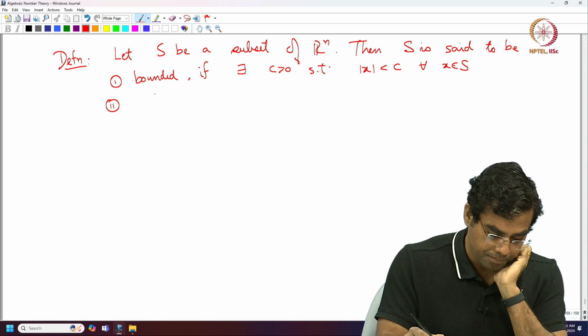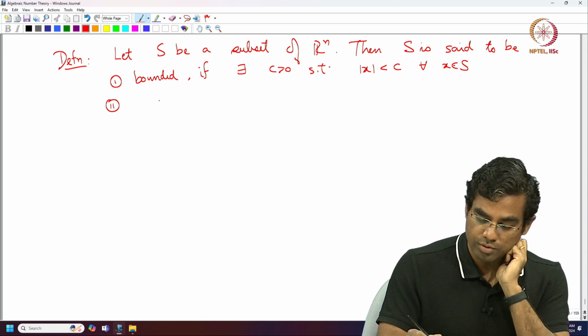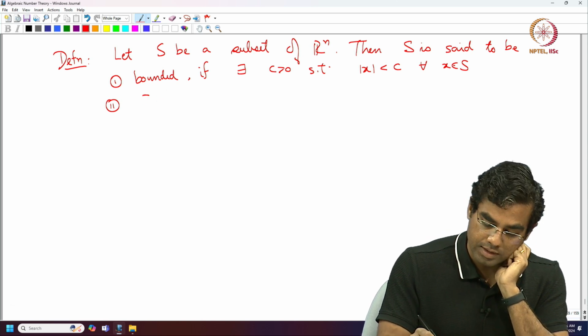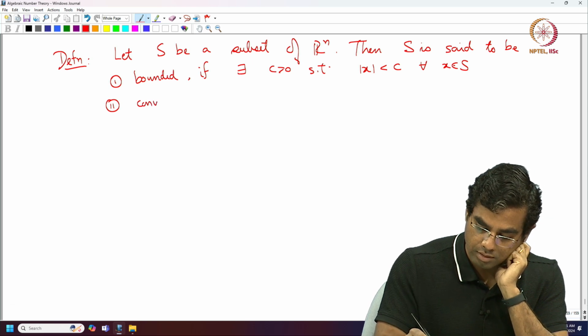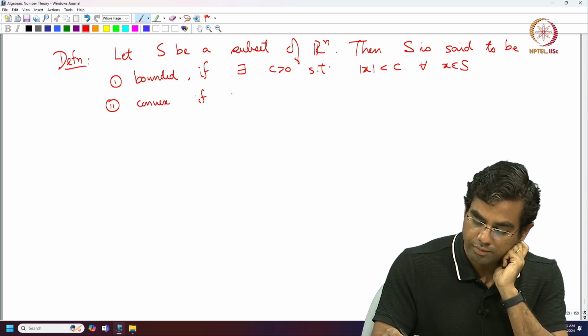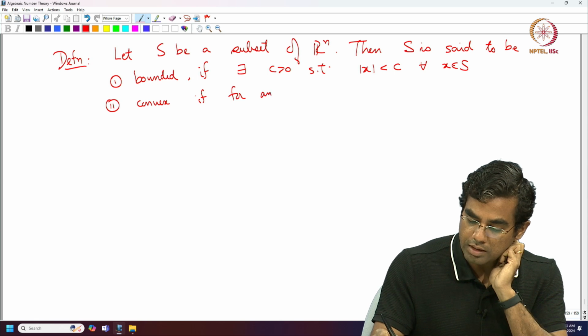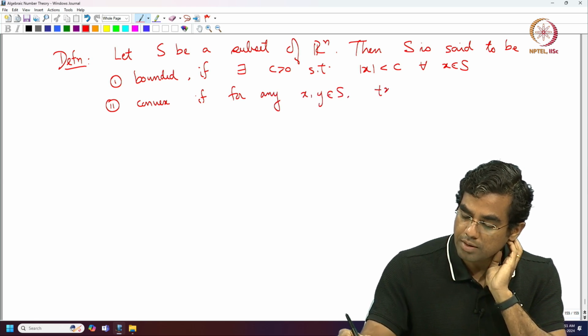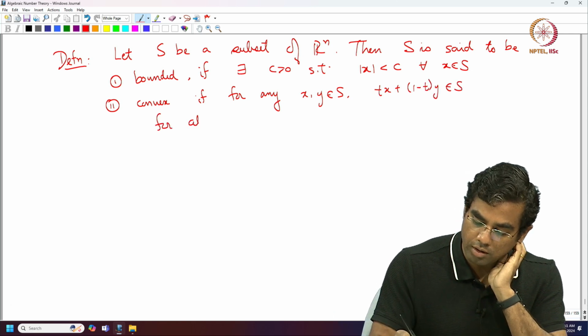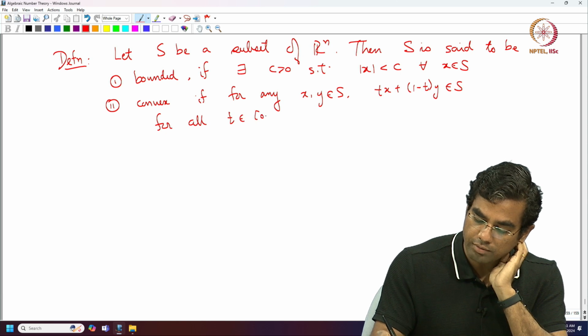Then S is closed, I will not define that. S is convex if for any 2 points x and y in S, t times x plus (1 minus t) times y is in S for all t between 0 and 1.